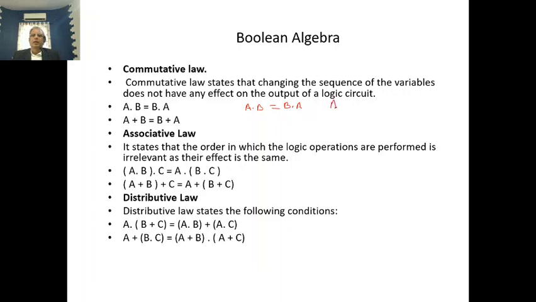Similarly, A dot B dot C equals B dot C dot A. Any sequence does not affect the output of the logic circuit. For OR operation, A plus B equals B plus A, or A plus B plus C equals B plus C plus A, like this.